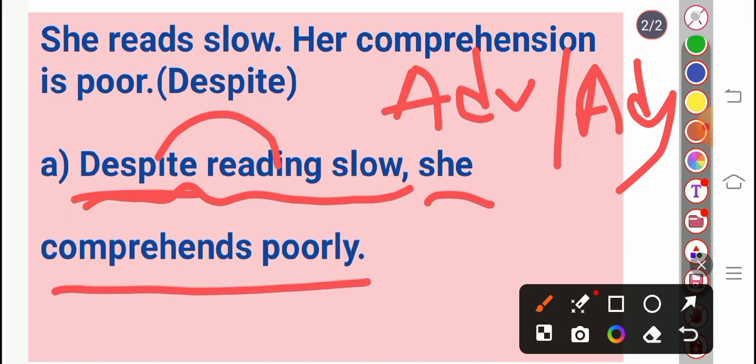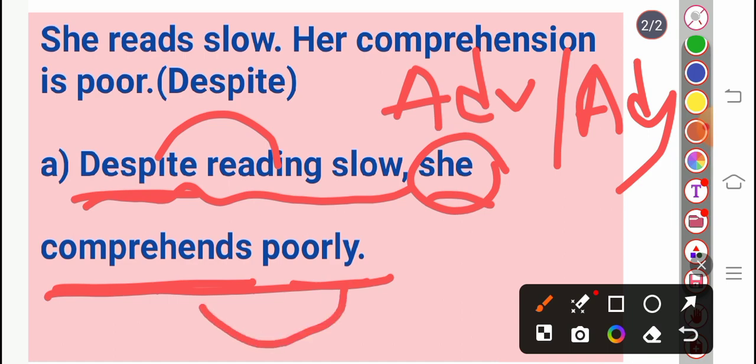She comprehends poorly. She is the subject. We have made comprehension the verb form. We have used the verb form of comprehension, that is comprehends. As it is present tense, we have used comprehends, and poorly is the adverb modifying the verb comprehends.